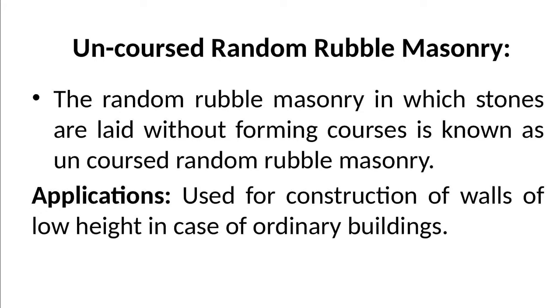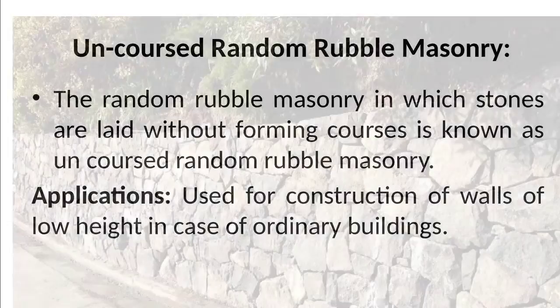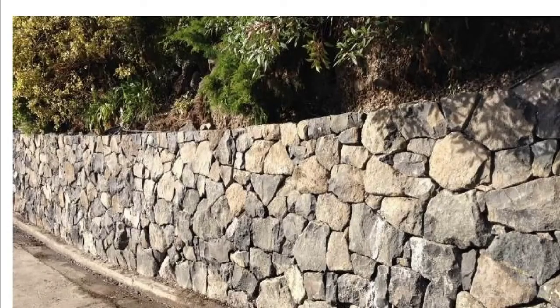The stones used in this masonry are of different sizes and shapes. It is mainly used in construction of walls of low height in ordinary buildings. These are uncoursed random rubble masonries.